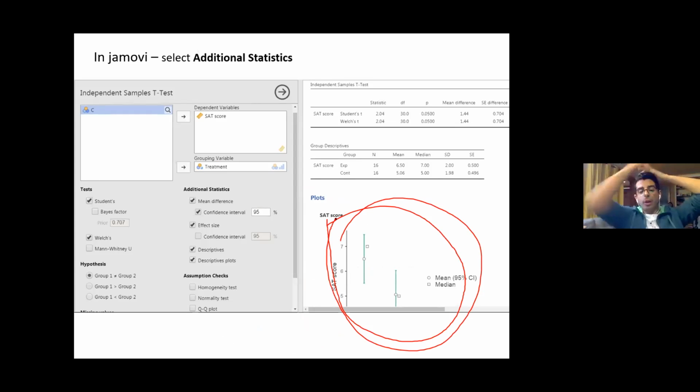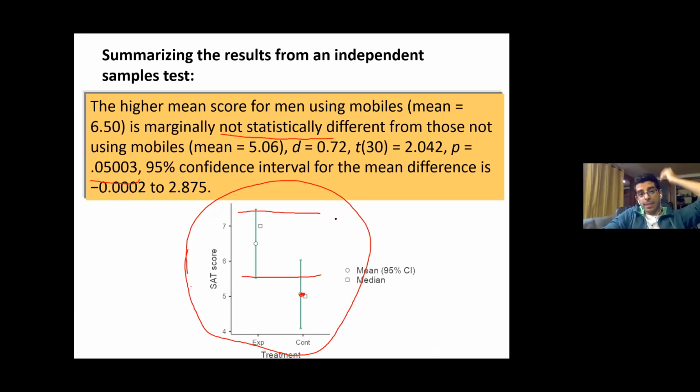So I don't know why this is not significant, but the confidence intervals suggest that it is significant. Even if you look at the p-value, it's not significant, but the confidence intervals here suggest that it is. I really, really suggest you ask him this, because I don't know the answer. My best guess is that this graph is not that well drawn by Jamovi itself.